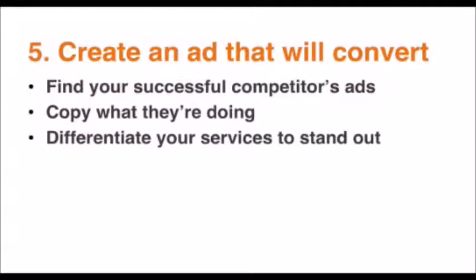So find successful competitors' ads, and again, I really suggest you in a lot of ways copy what they're doing. You will eventually obviously have to differentiate either the page that you're taking them to or the actual ad itself to be competitive and get the click-through that you're looking for. But I always suggest that you start with what's working. Don't try and reinvent the wheel. Find a successful competitor and find what they're doing and mimic it.